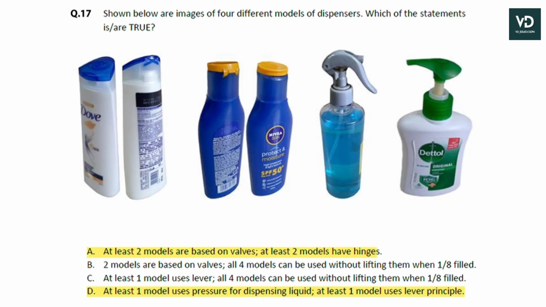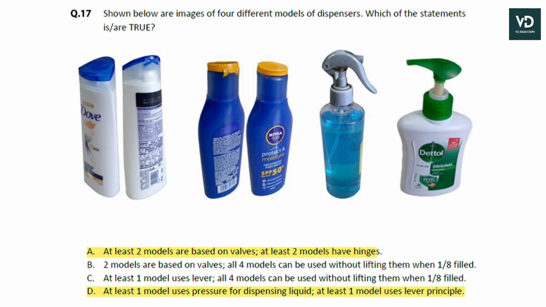20th question. Shown below is an image of 4 different models of dispenser. Which of the statements is or are true? The correct options are: at least 2 models are based on the wall, and at least 2 models have hinges.